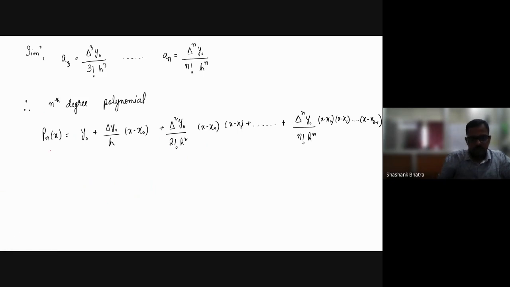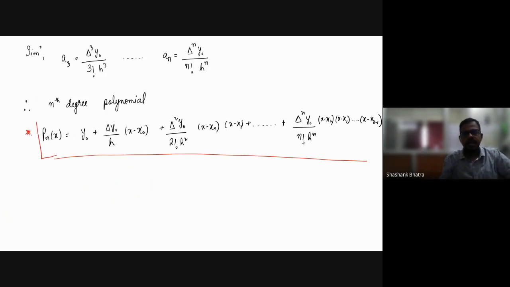So this will be the entire expression for the nth degree polynomial for a forward difference.